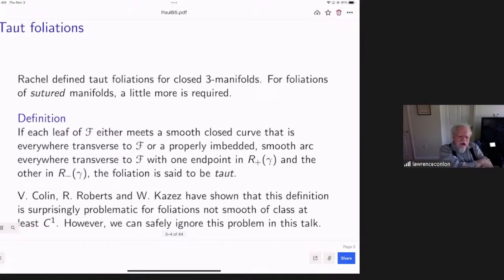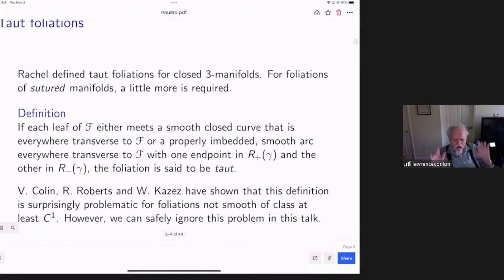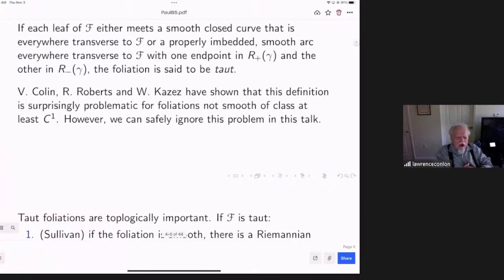Conlon, Roberts, and Kazez have shown that this definition is rather surprisingly problematic for foliations that are only integral to C0 plane fields. But we're going to be able to ignore this problem, so I will talk more about it later.